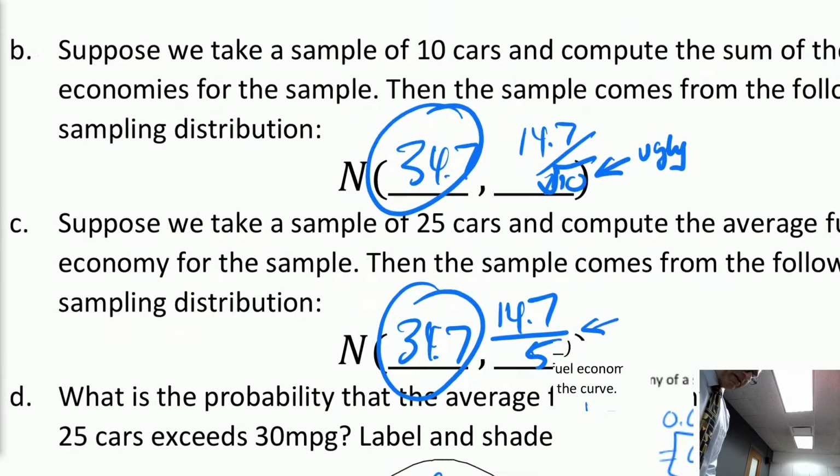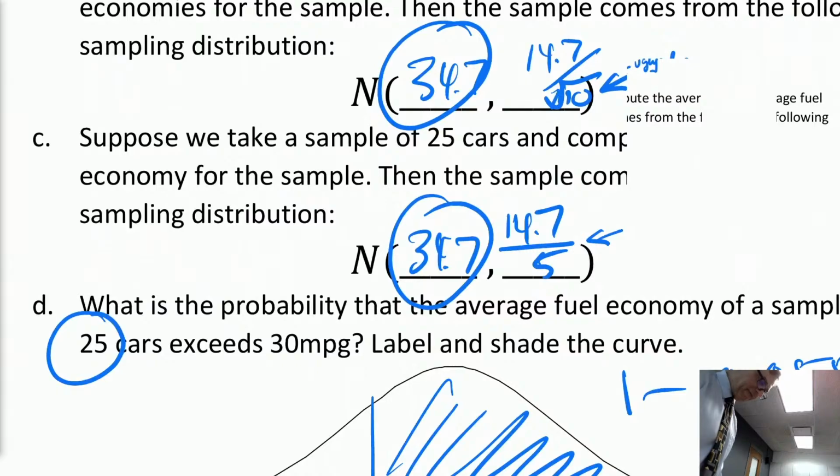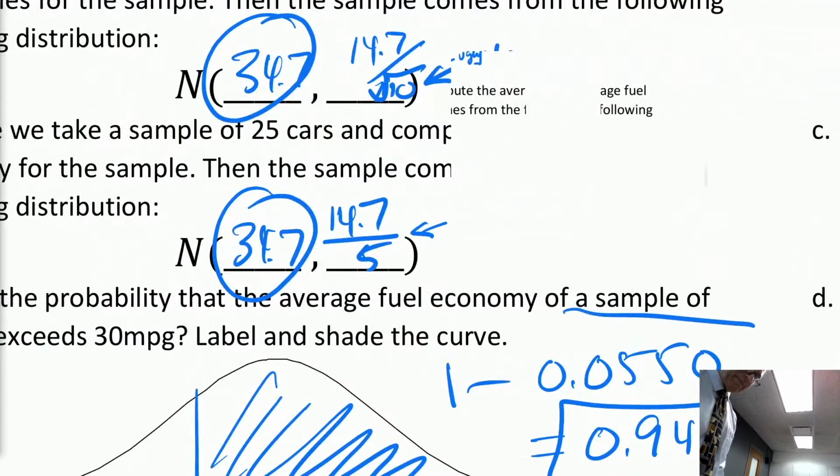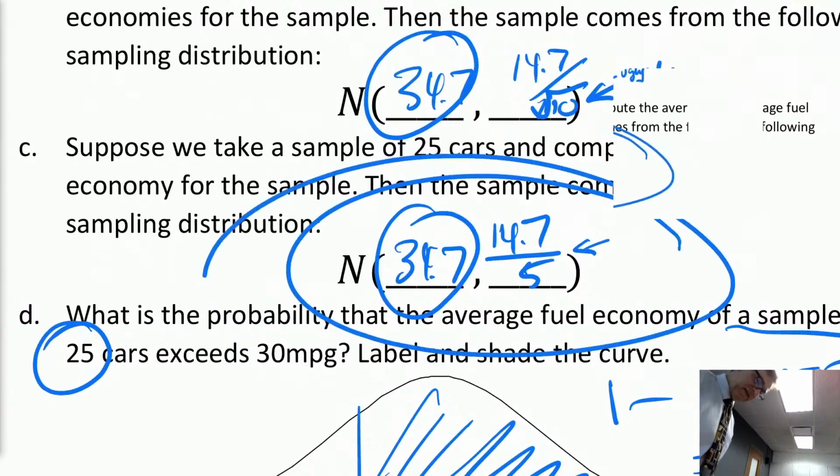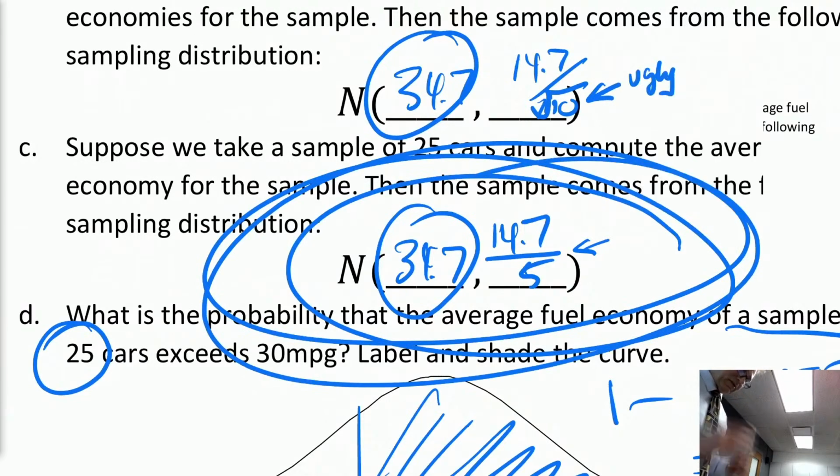And then the last one, since I was dealing with an average of 25, a sample of 25 cars, I'm going to use this information. So here's the difference, and this will be on your next exam: if you're interested in a single individual, go up to the top. Just use the basic information.